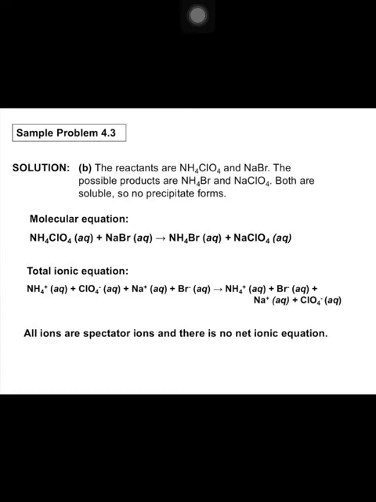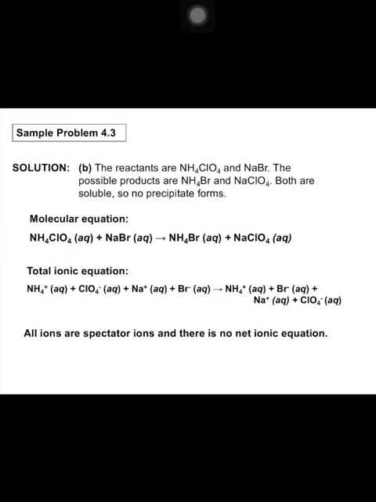Okay, all are spectator ions, meaning that there is no net ionic equation. And which means that tindak balas ni adalah bukan precipitation reaction because there is no insoluble product produced. Dia adalah tindak balas yang lain, bukan precipitation.